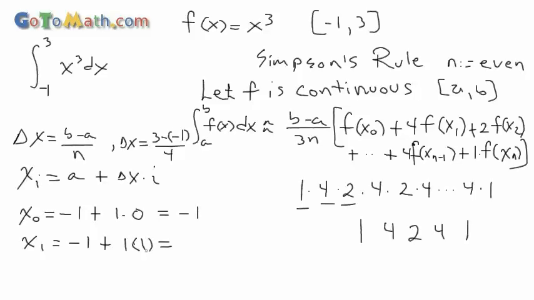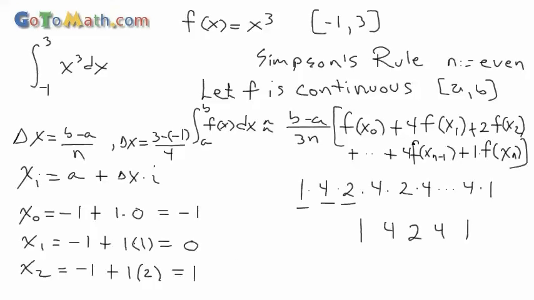Let's put parentheses around that. And so that's actually going to end up being equal to 0. This is actually going to end up being pretty easy to deal with. Negative 1 plus delta x, 1, times 2, and so we're left with a 1 here.